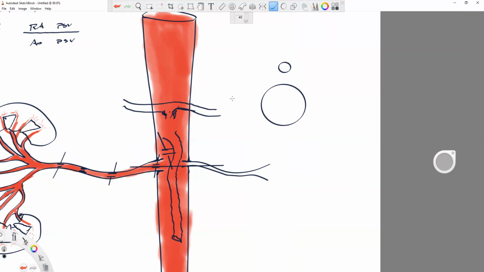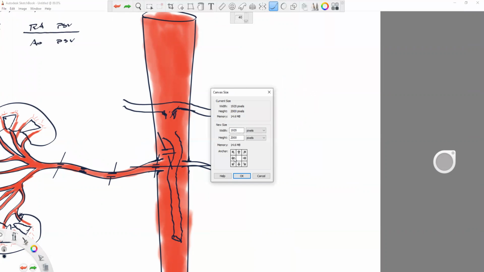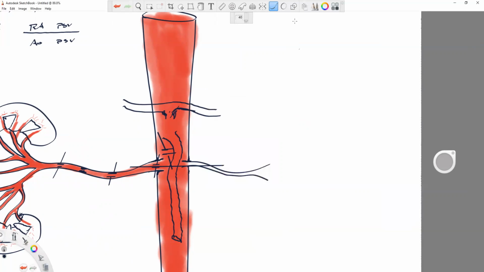And you might see a little bit of IVC. Let's just do that again. Actually, let me take my entire image, canvas size, keep that, and let's go with 2100 pixels. That's just a little more room for me. Okay, let's do this over again.